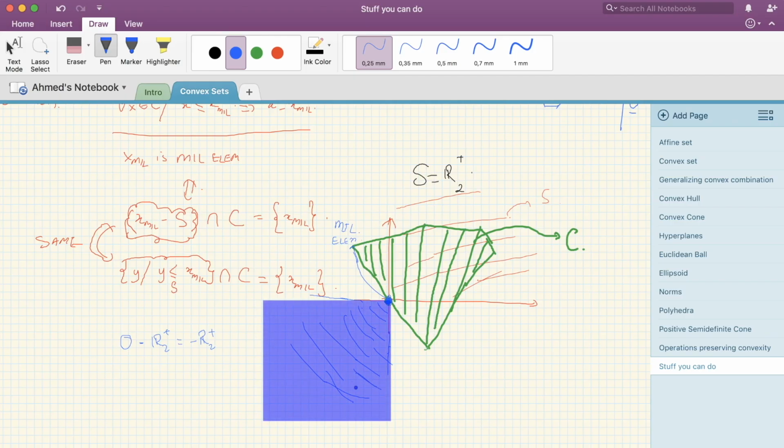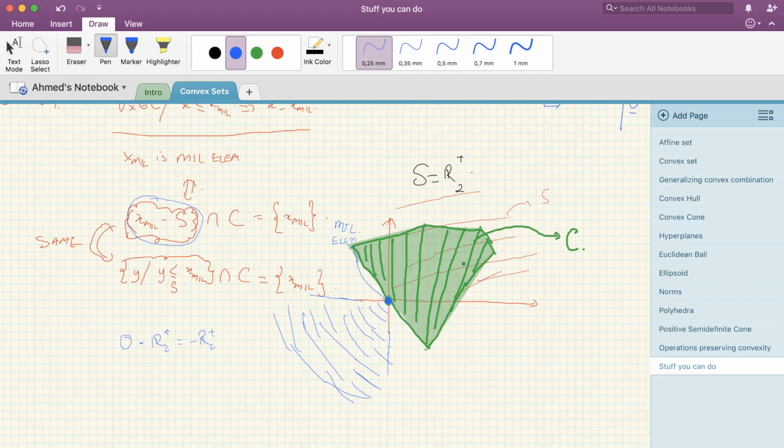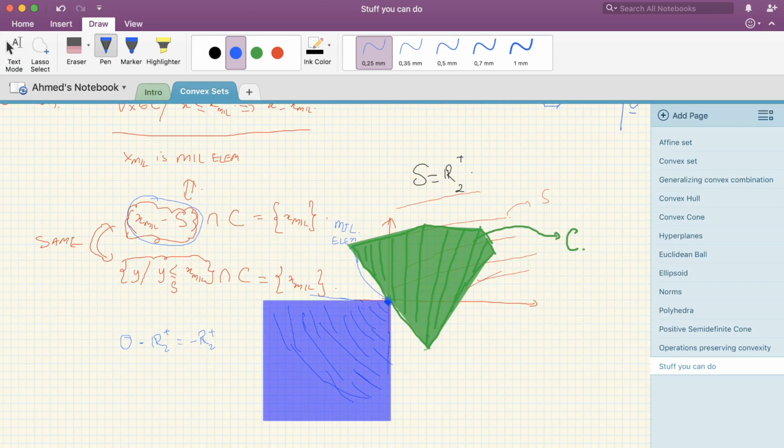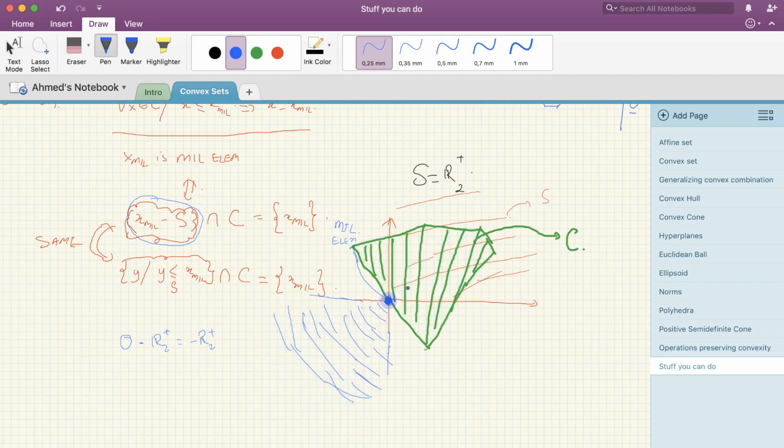All those vectors of size 2 that contain negative entries. So this is your x_mil minus S. And what is your C? It's the green area. Where do they intersect? They intersect at the blue point, which is your x_mil. So by assumption, your x_mil is 0.